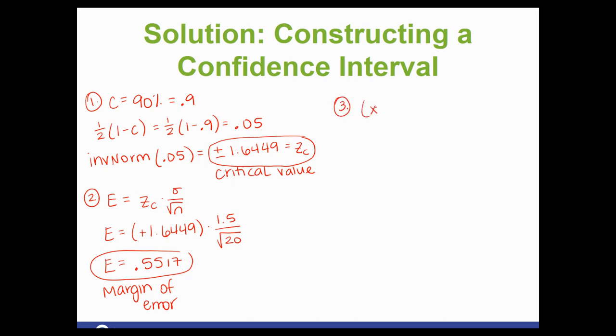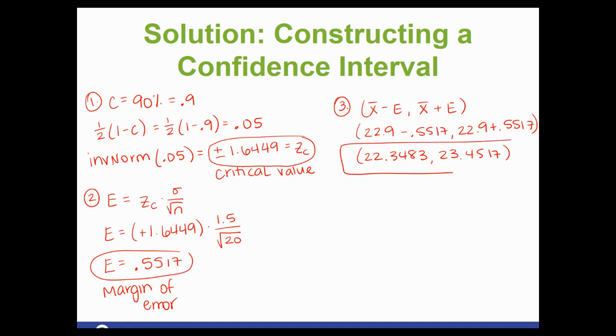And our last step to find our confidence interval is to take our mean, 22.9, minus the E to find the lower end, and then add it to find the upper end of our interval: 22.3483 and 23.4517. This is your final answer here, the confidence interval.